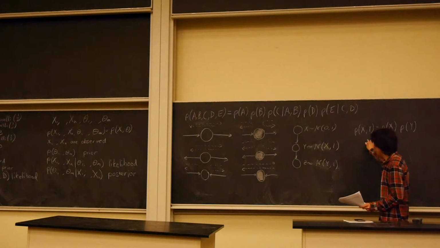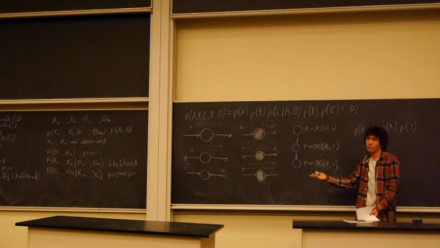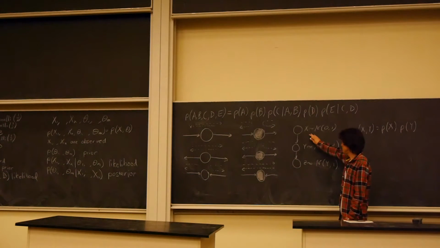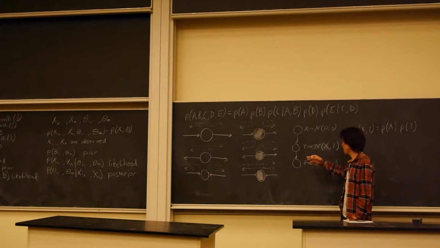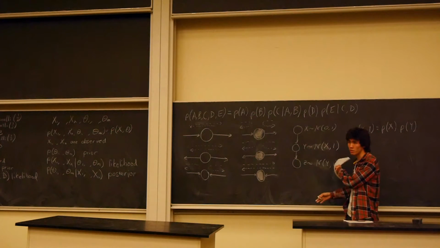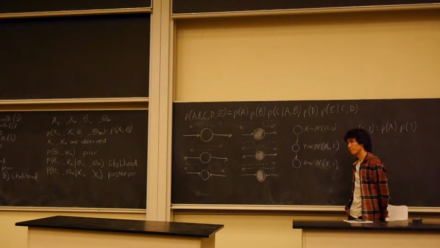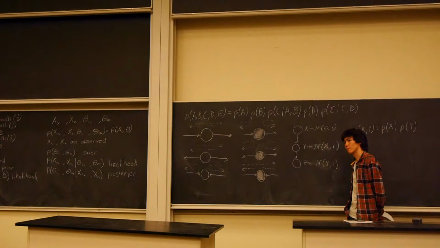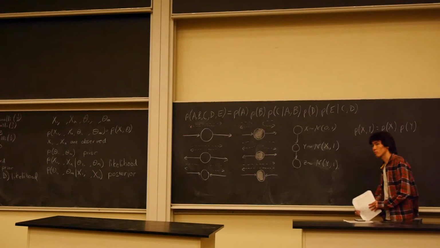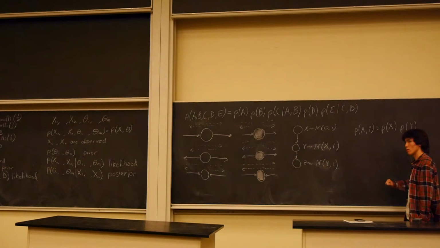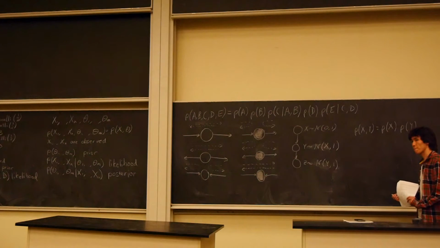So if I see that Y is 100, then the probability of X will change. In general X is independent of Y, but if we have Y as an observed variable, then it is dependent.